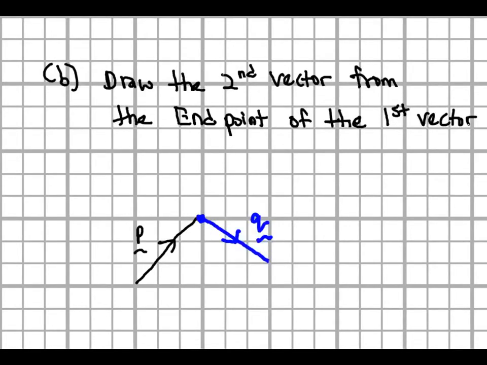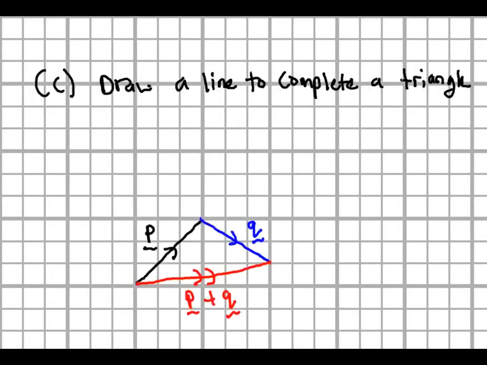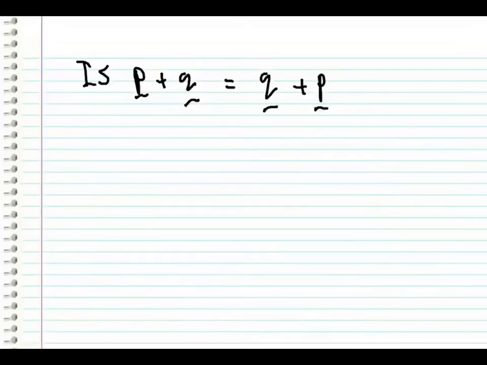Next, I draw the second vector from the endpoint of the first vector which I drew. Lastly, I draw a line to complete the triangle. And my direction is from the starting point of P to the ending point of Q. Now, the new vector is always represented by double arrows.